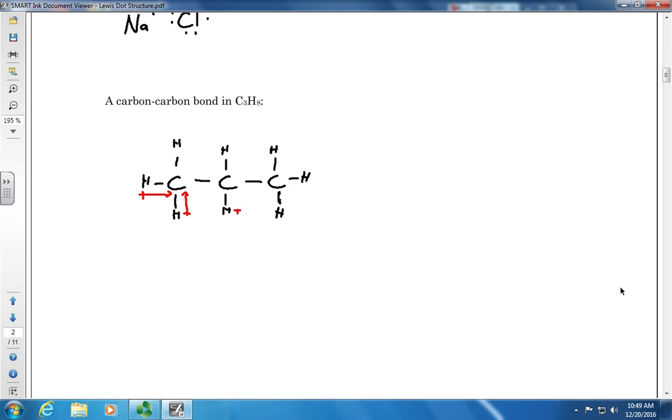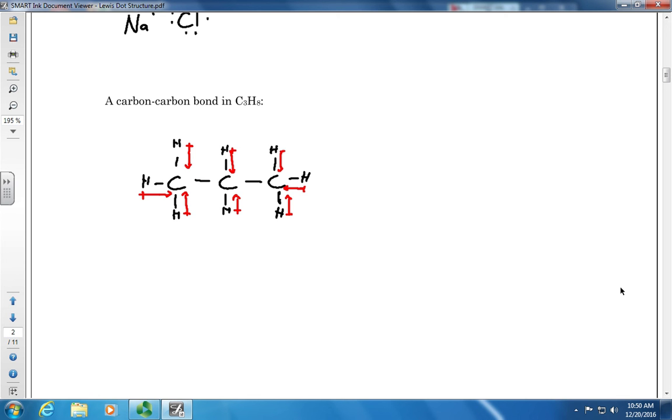So if we were to look at all these little dipole moments, they're all kind of canceling each other out. And that's important to recognize.